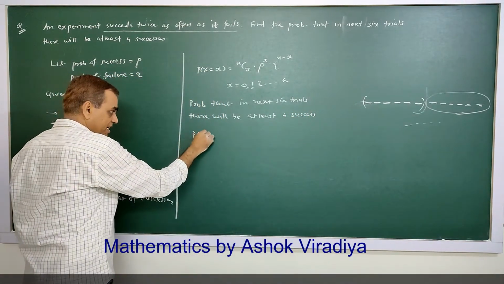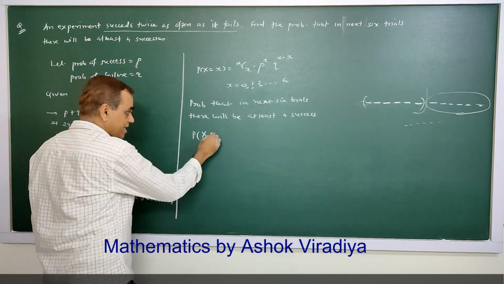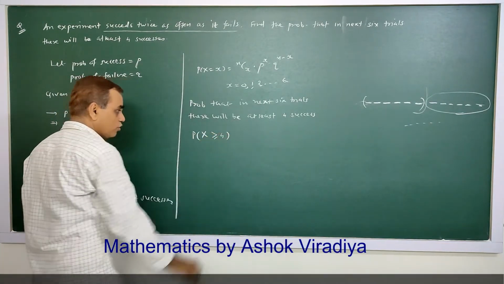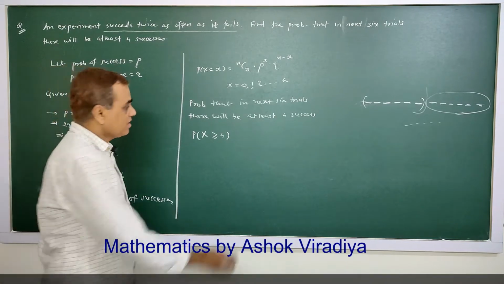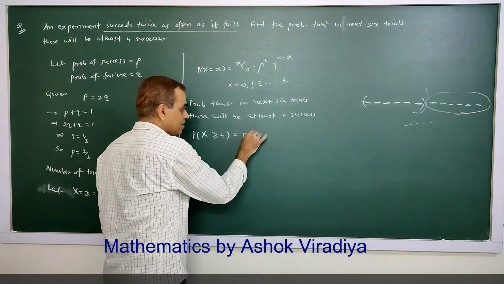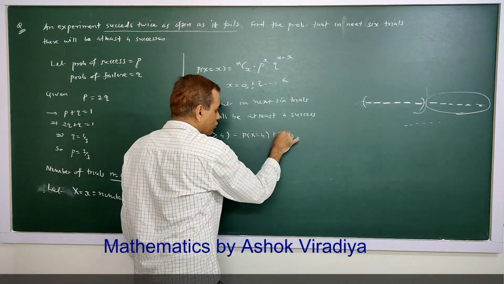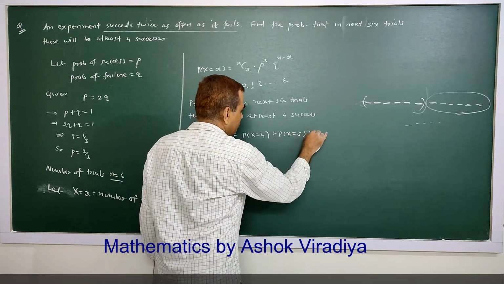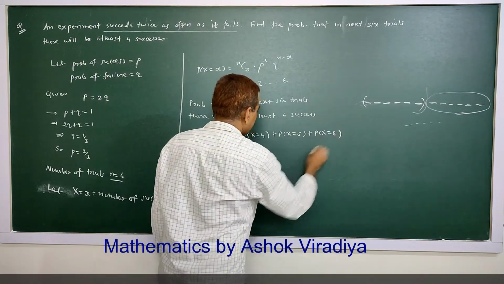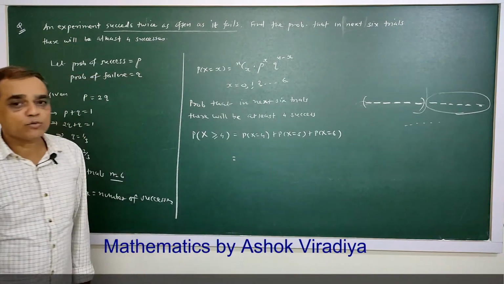That is the probability that the number of successes is at least 4, meaning 4 or more than 4. That is the probability that the number of successes is 4 or 5 or 6. Now putting values we can calculate.